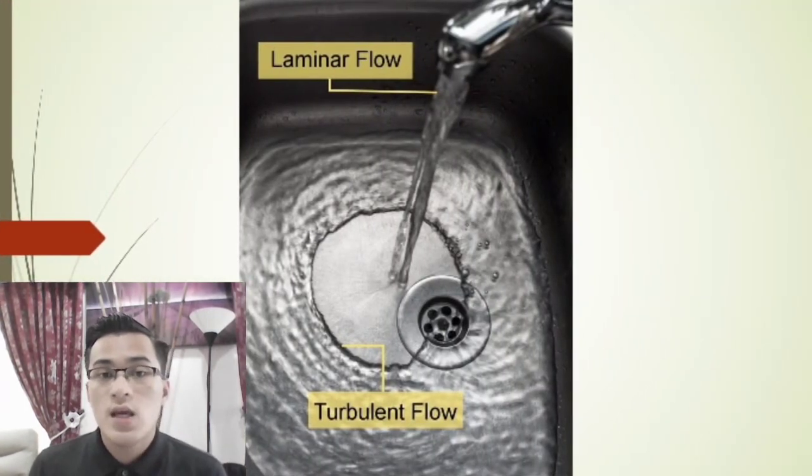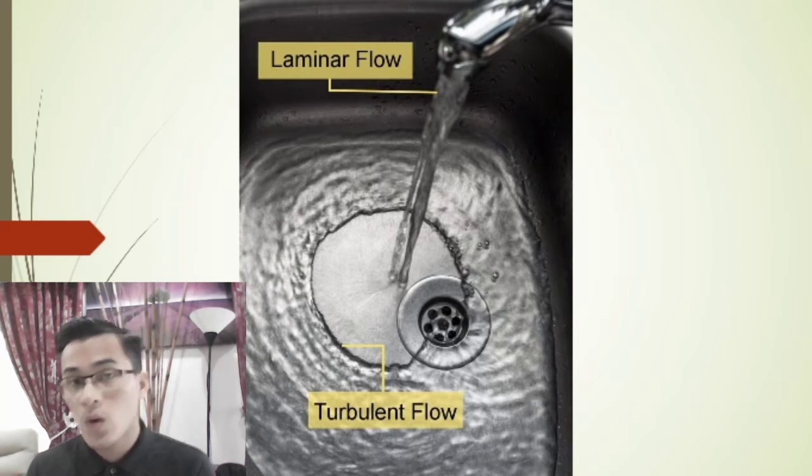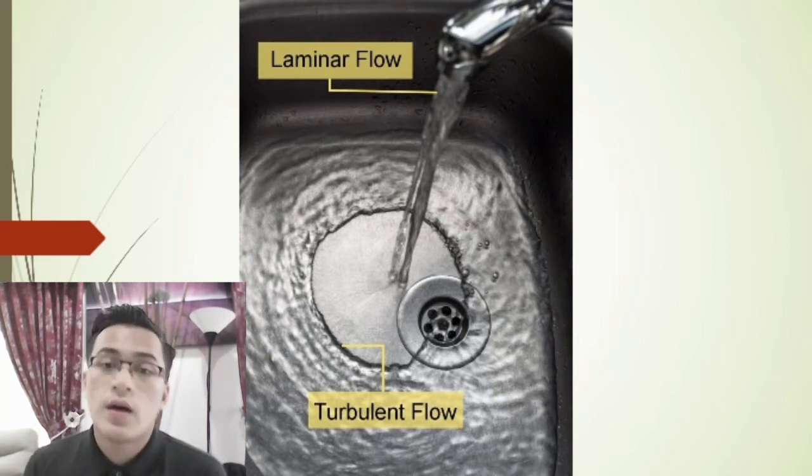As you can see in this picture, here is the application of laminar and turbulent flow in the pipeline system. In the pipe, laminar flow has low velocity, hence turbulent flow has a high velocity.